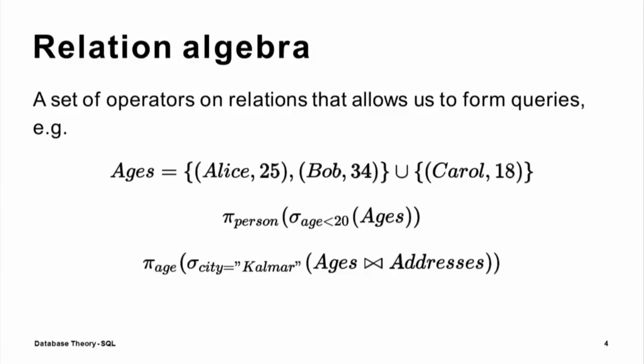And if they are matching and also have the city of Kalmar in common, then they are selected, and then we are just projecting or retrieving the age column. Projections, selections, and joins are also a part of the query languages these days. You can get hold of them just by asking. There are intersections and unions and joins at your hand if you want to use them.